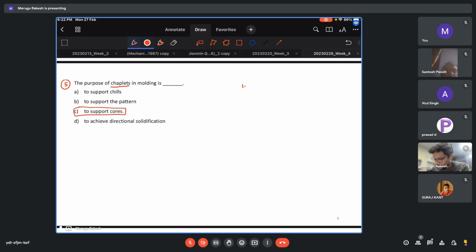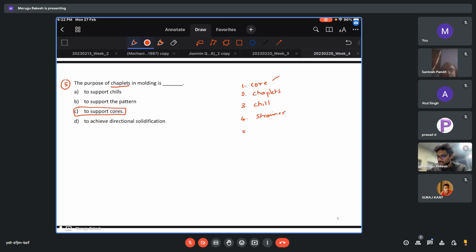So we have these namings. One is core, the other one is chaplets, then chill, then strainer, and so on.